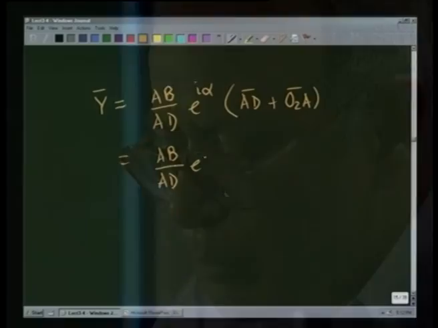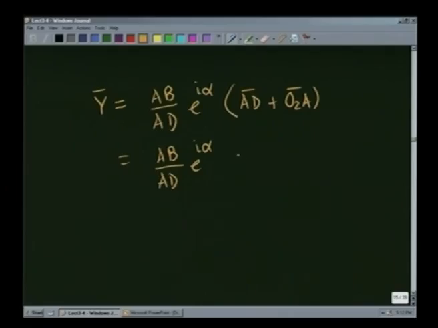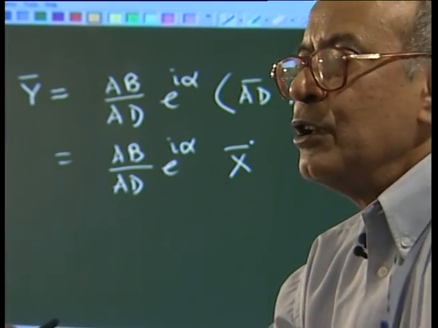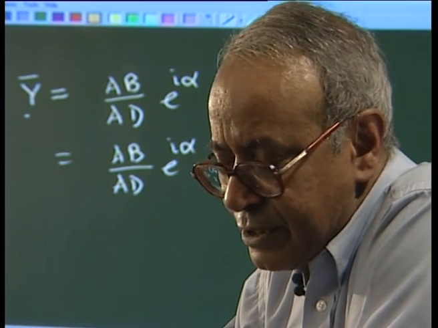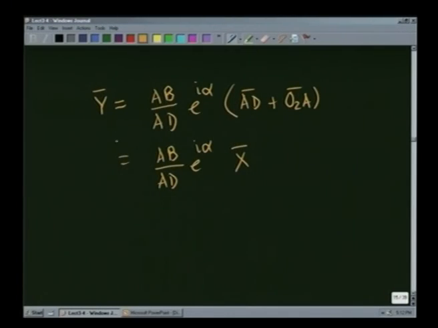So, AB by AD into e to the power I alpha into the vector x. So, we see that the position of these two vectors, that is the point E and the point D, is given by y and x, and they are related through this equation.